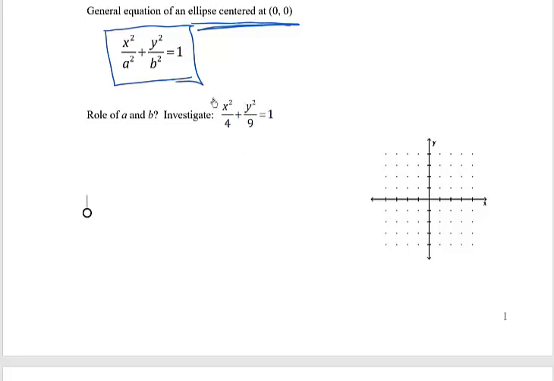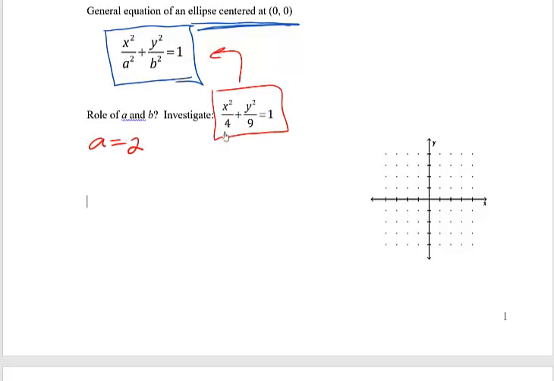As you can see, the equation that I wrote down is an exact match to the general pattern. What about the a and the b? Well, in this example, the a would be 2, not 4, right? Not the number that's sitting there, because if you look carefully at the general pattern, the bottom here is a squared.